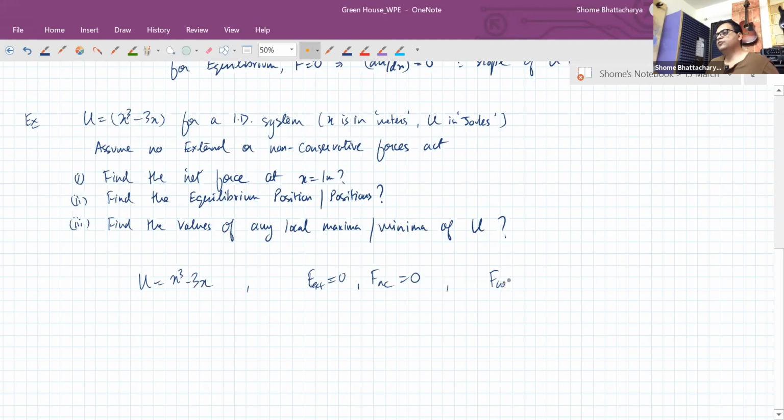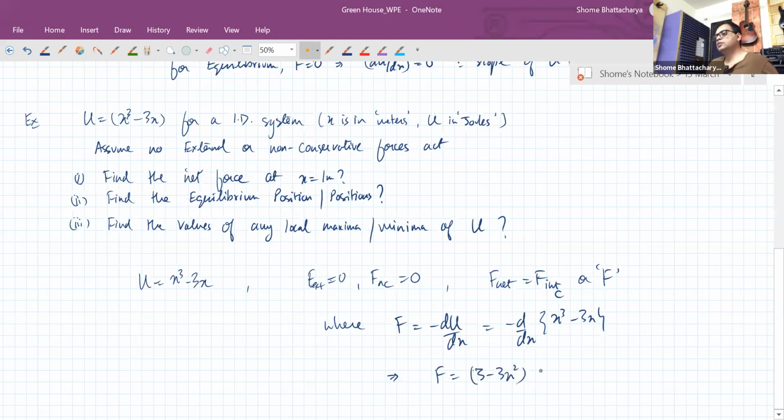That means that the net force is equal to the internal conservative force, or let's say F, where F is minus dU by dx. So that is the negative gradient of x cube minus 3x. So the net force acting on whatever body is 3 minus 3x square.